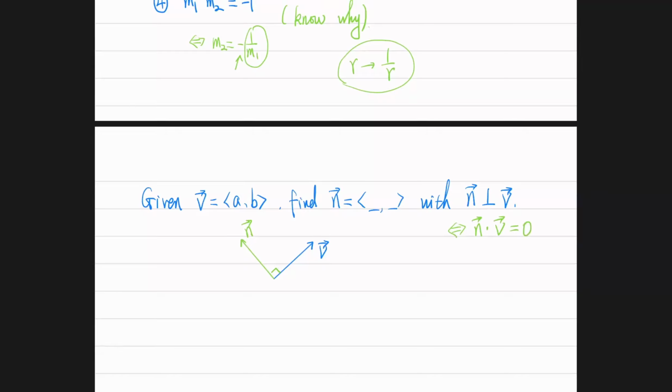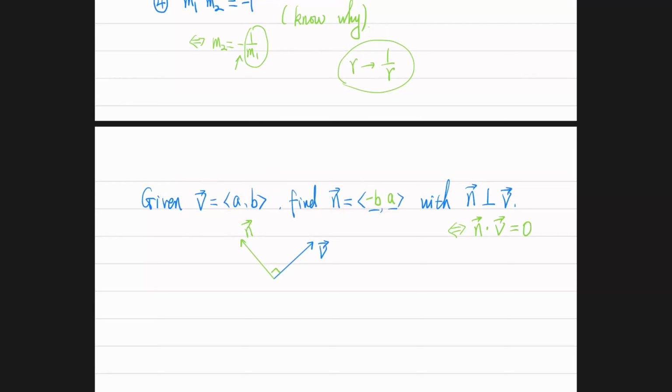Okay, so two vectors are perpendicular if and only if their dot product is 0. So here, given a vector v, to find a normal vector whose dot product with it is 0, I'm going to pick negative b and a. I will give you a minute to verify the dot product of these two vectors is always 0.